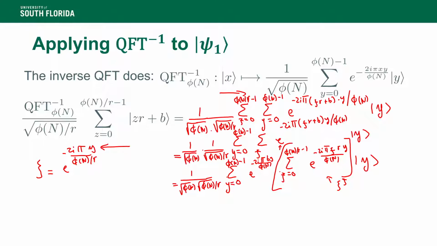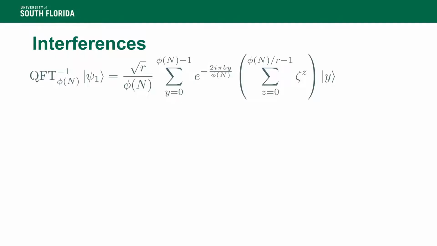We could have called it zeta sub y, but I didn't want to overload the notation. Now, what do we have? So this is our sum here, and what we have now is a geometric series.